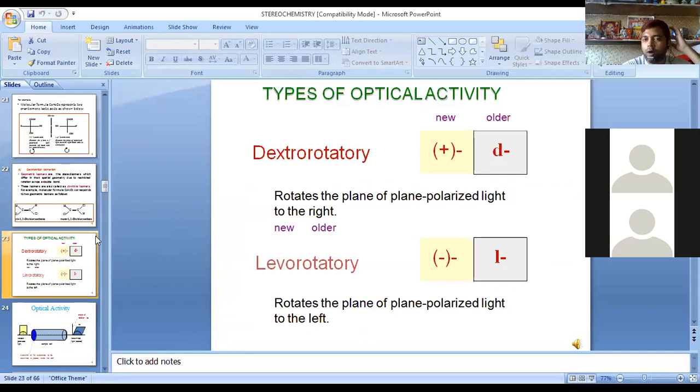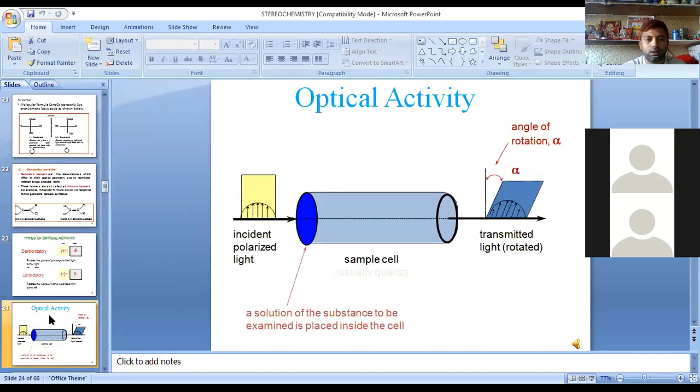Types of optical activity, or optical activity, we will discuss tomorrow. Understood? Now, if you have any question, we can discuss.